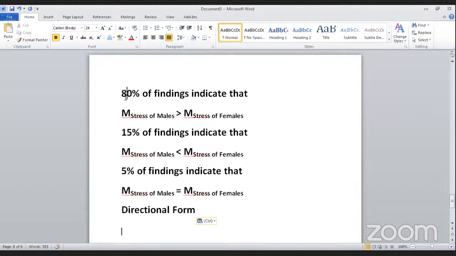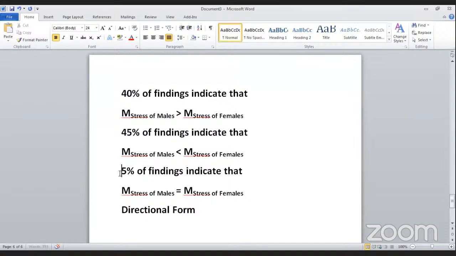Suppose 40% of the findings indicate that the mean score of stress of males is significantly higher than the mean score of stress of the female. And 45% of the researches indicate that the mean score of stress of male is smaller than the mean score of stress of female.